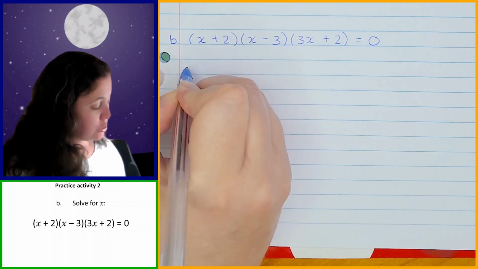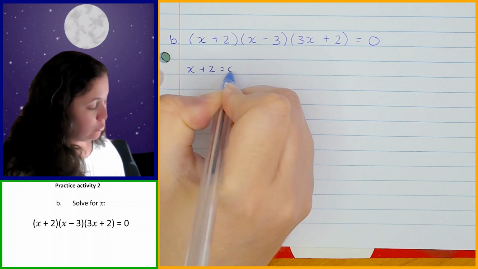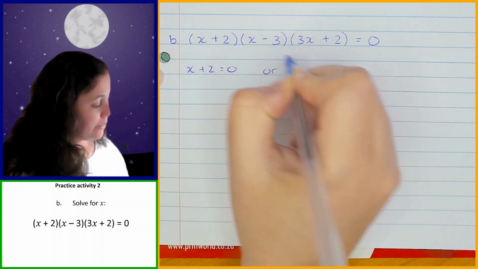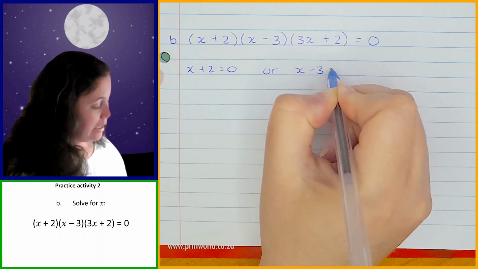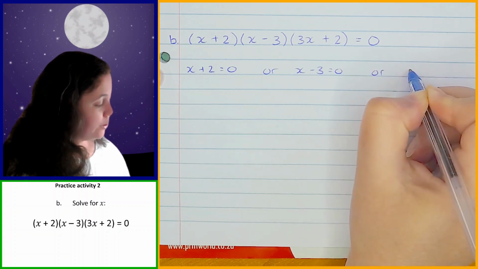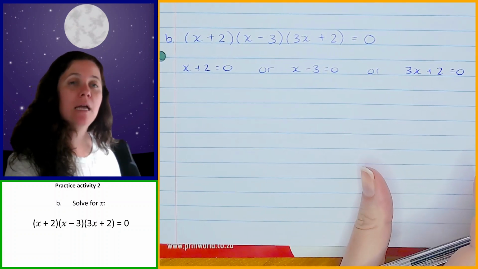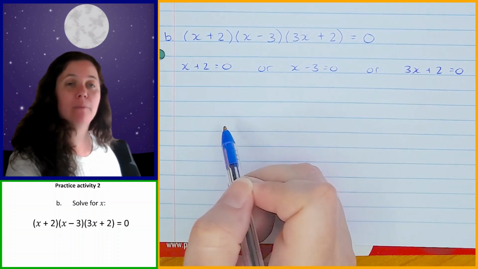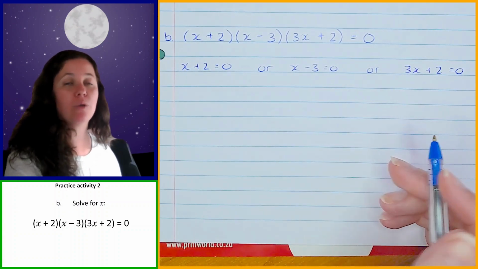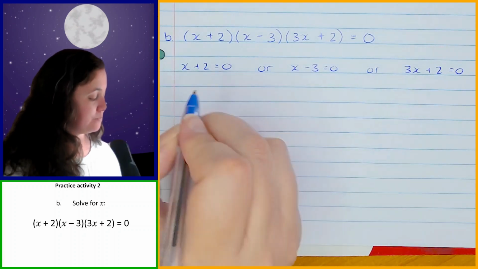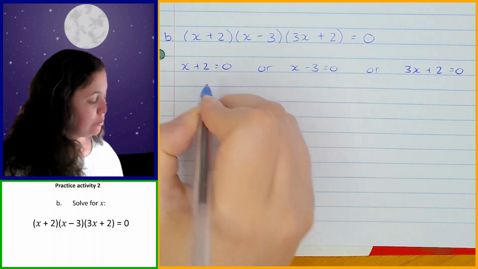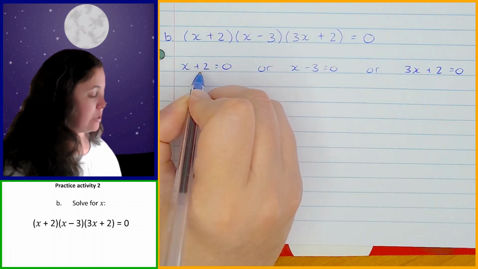So I have x plus 2 equal to 0, or x minus 3 equal to 0, or 3x plus 2 equal to 0. Okay, so I have to work with all 3 of them, but doing the exact same thing as what I did when I had 2 factors equal to 0. So now, x plus 2 equals 0, I need to get rid of the 2, so I subtract 2 on both sides.